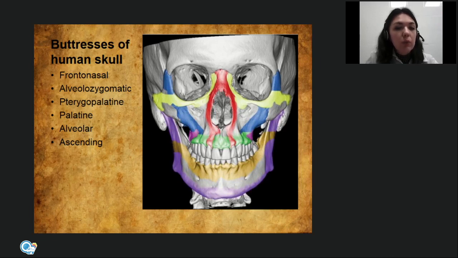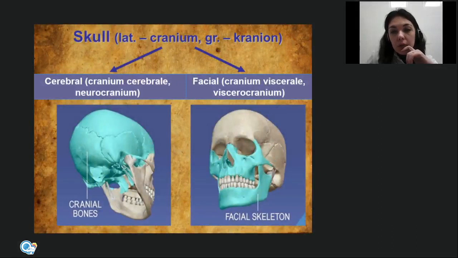Pterygopalatine, that goes from the pterygoid process of the sphenoid bone to the perpendicular plate of the palatine bone. Palatine alveolar, it is horizontal, that goes parallel to the alveolar arch of the mandible, and the ascending buttress. Buttresses are present only in the facial skull.